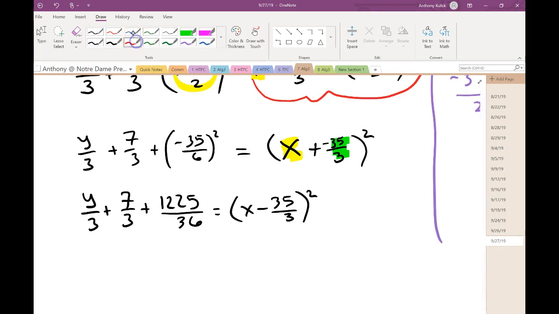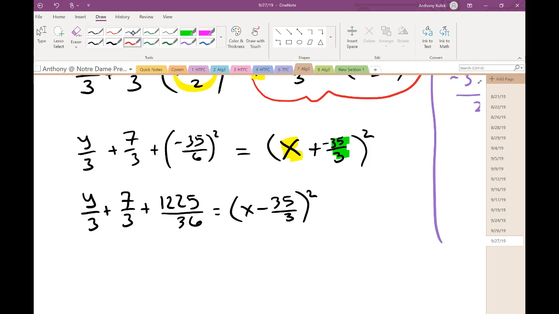So, let's continue combining things on the left-hand side. To add 7 over 3 and 1,225 over 36, I need to have a common denominator. What would the denominator be? 36.